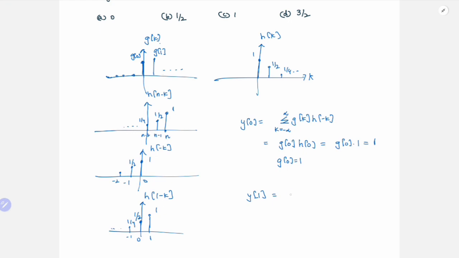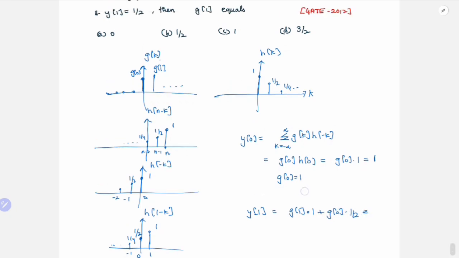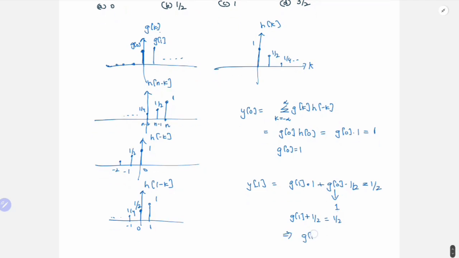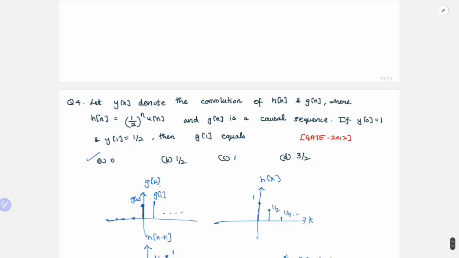So what are my product terms? g of 1 into h of 0, plus g of 0 into half. And they have given us half. But g of 0 is nothing but 1. So g of 1 plus half is equal to half, which implies that g of 1 is equal to 0. So my right answer is option A.